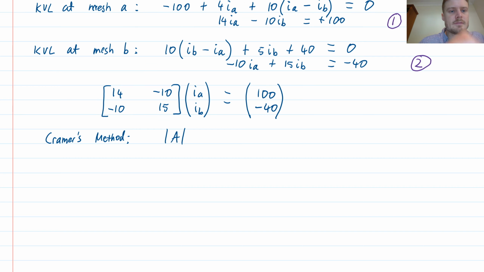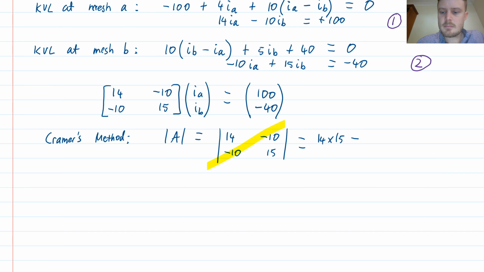So the determinant of my A matrix is the determinant of 14, minus 10, minus 10, 15. To evaluate a determinant, recall we do diagonal products. So I will have 14 times 15 minus the product in the opposite diagonal. The product in the opposite diagonal is minus 10 multiplied by minus 10.